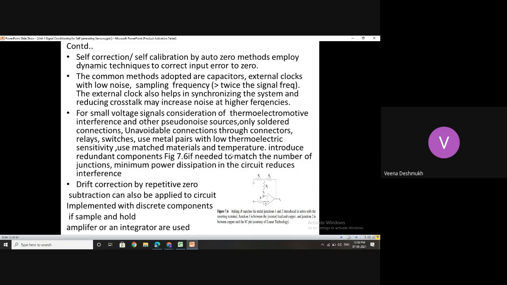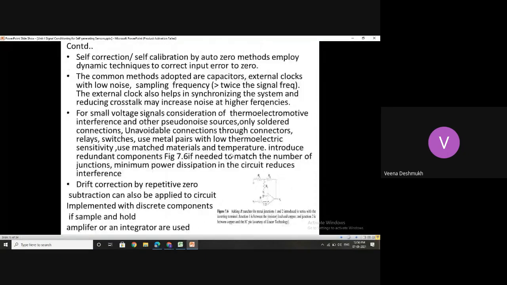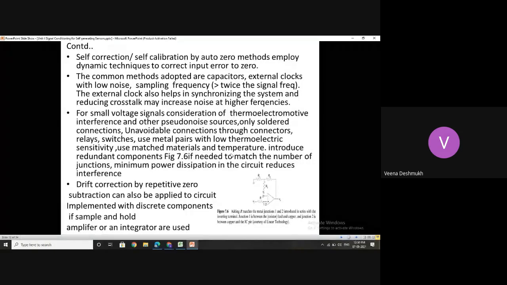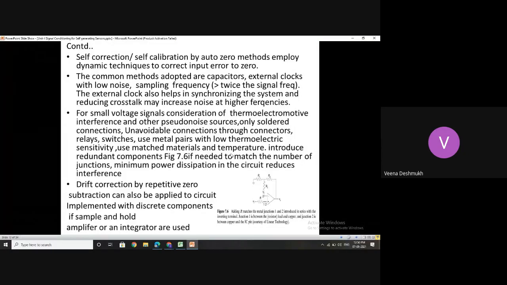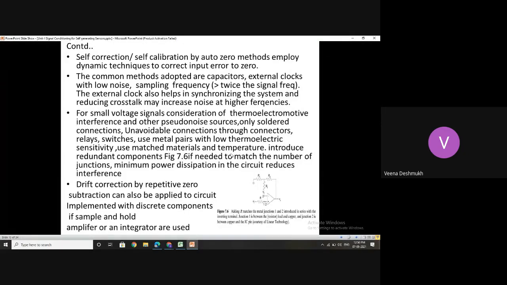So there are several mechanisms like this, either the auto zero, or sample and hold amplifiers, or even integrators. Integrators are also used, where the offset voltage which is available is integrated and made available at the output end. This output again is added or subtracted, with sign, from the final output to reduce the drift voltages.